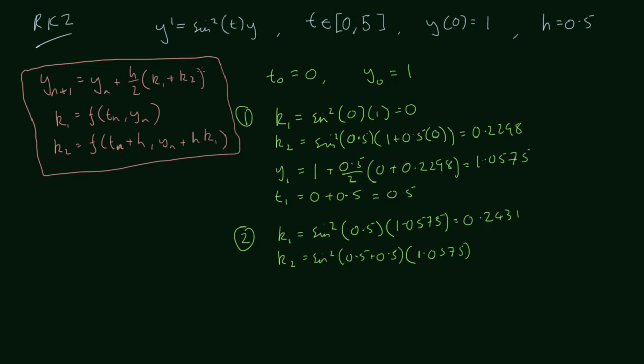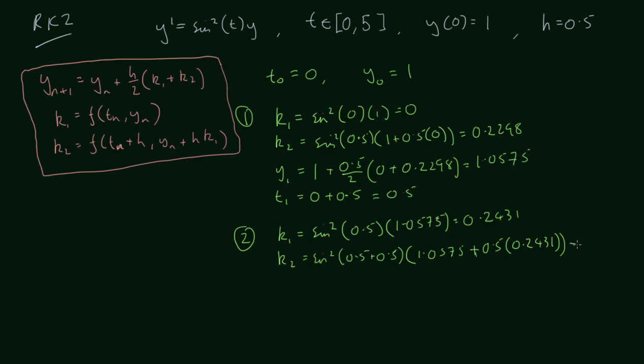So instead of t, we have t plus h, which is 0.5 plus 0.5. Instead of y, oh sorry, I made a slight mistake there. Instead of y, I should have had y_n plus our value of h, which is 0.5, multiplied by k1, which is 0.2431.